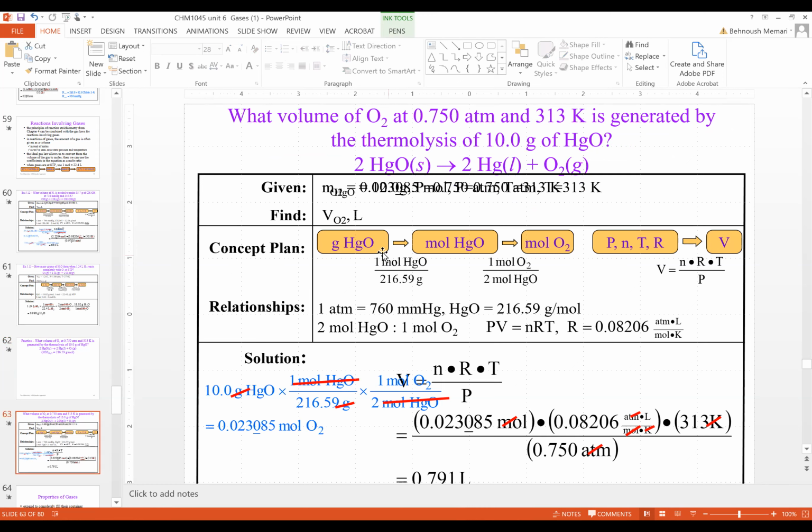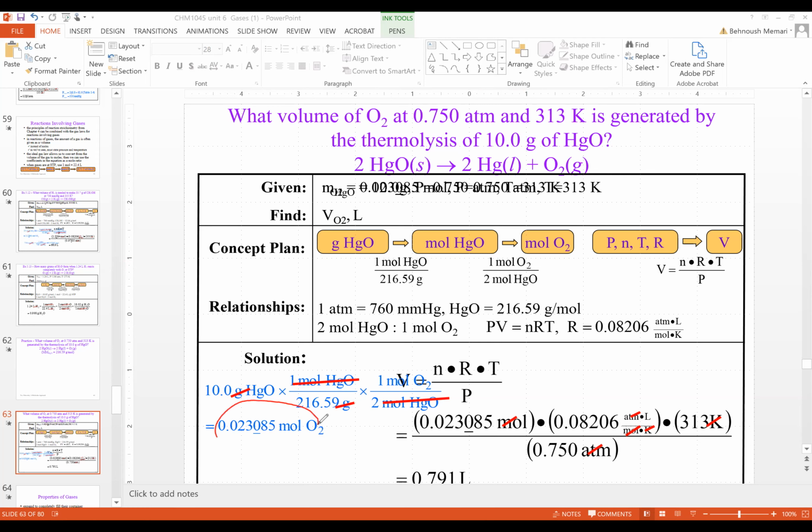So we already have the mass of the HgO. We convert that to moles using the molar mass, and then use the balanced equation and multiply by this factor, and say for every 2 moles of HgO, you get 1 mole of oxygen. That would give us the moles of oxygen.